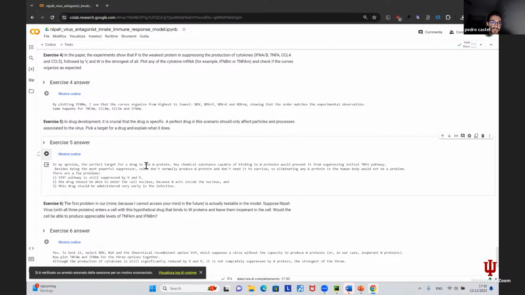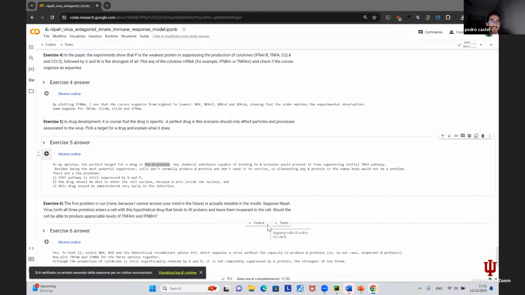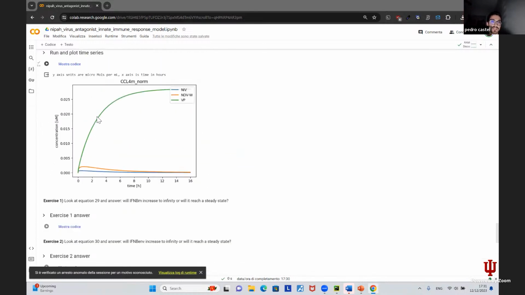The target of the drug would be the W protein. So any chemical species that binds to W protein and prevents it from binding to STAT, suppressing all sorts of pathways in the diagram, would at least not shut down completely innate immunity. Because even though you have V and P, as the graph shows, V and P failed to suppress innate immunity completely.